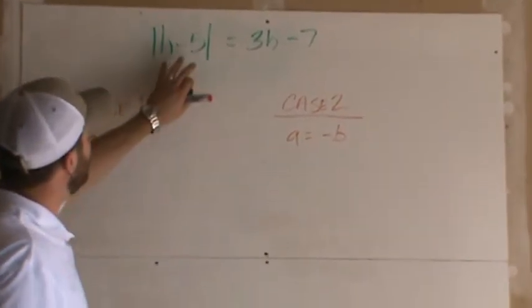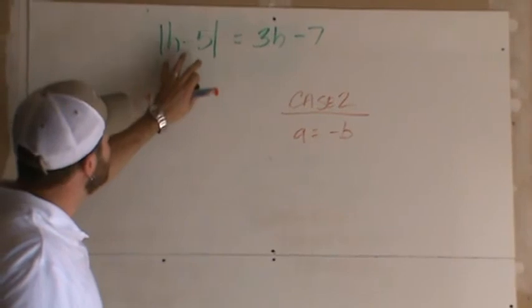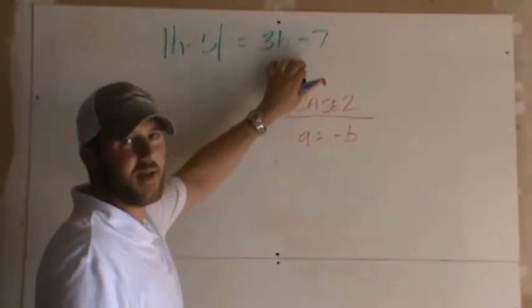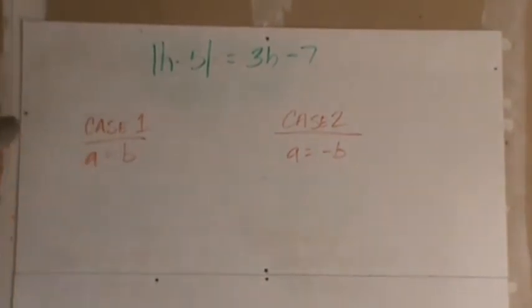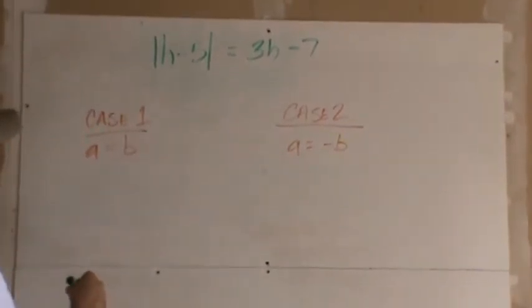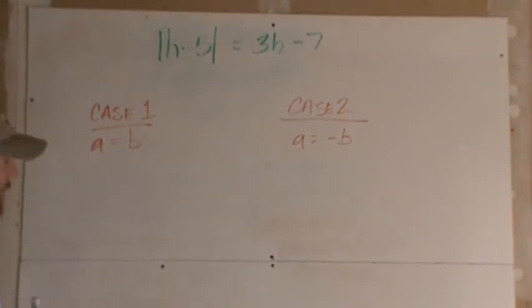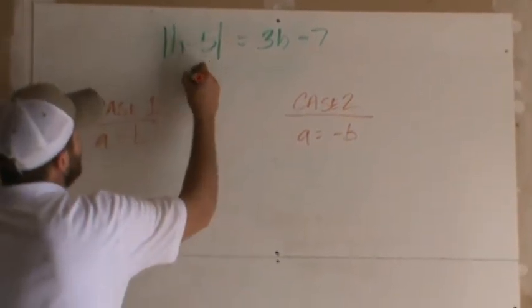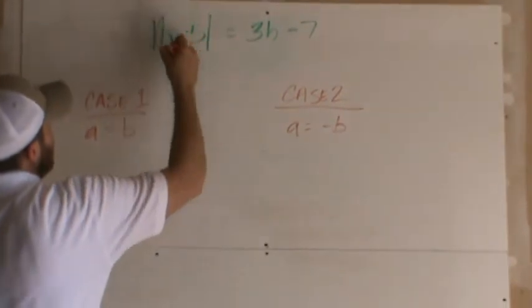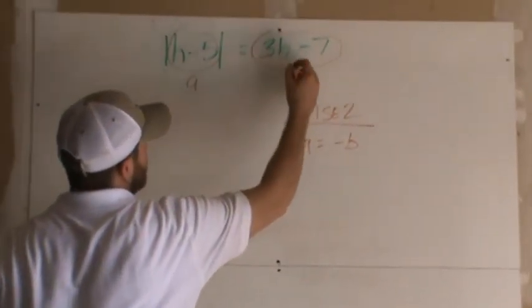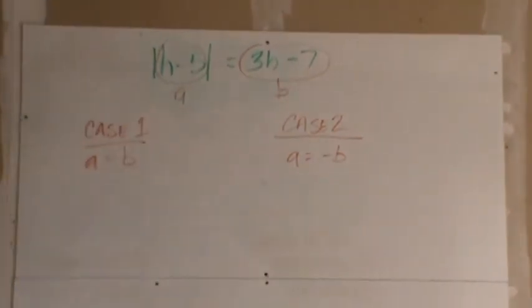All you have to think about is getting the absolute value by itself and everything else that's not inside there to the opposite side. And we've already got that in this case. I'll go ahead and write the A B right below here again. Notice everything inside here is always A, and everything that's on this side is always B.